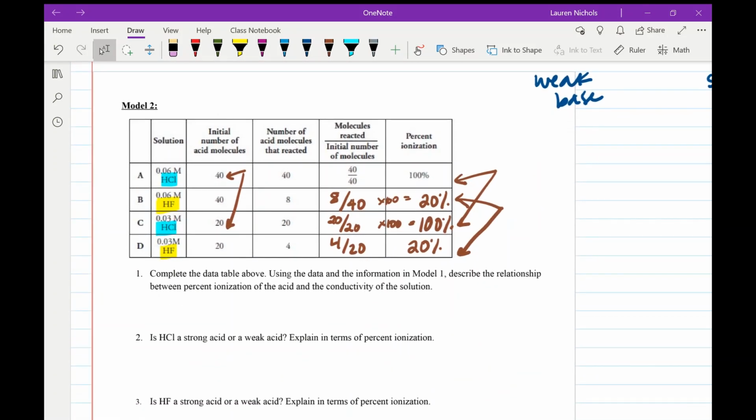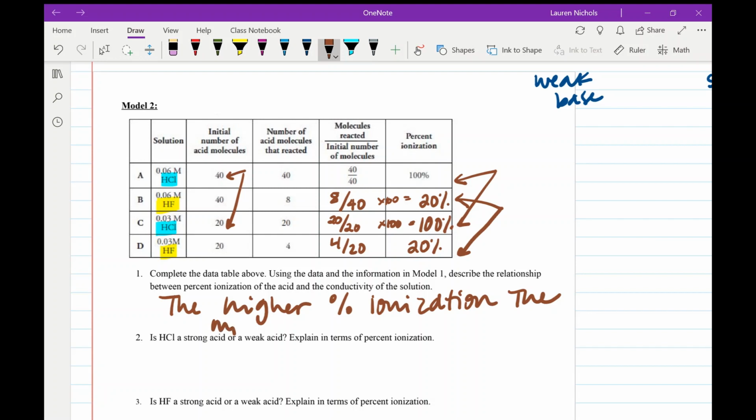So we can say that the higher the percent ionization, the more conductive it is. And that's because ions are used to conduct electricity. Like, they're able to hold those extra electrons when you have all those extra positive charges in the solution. And so the more ions you have, the more conductive it is.